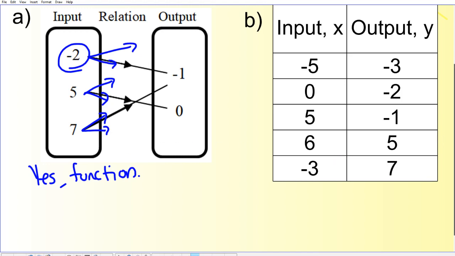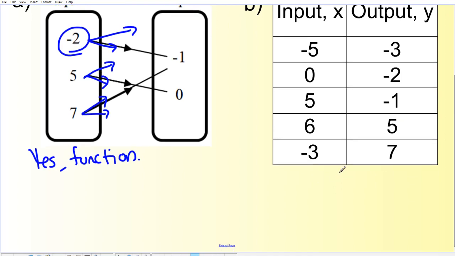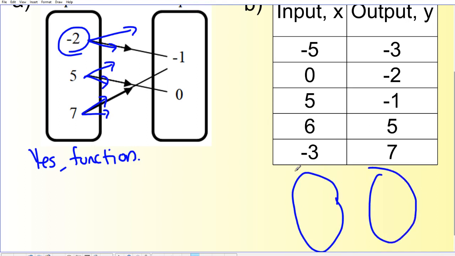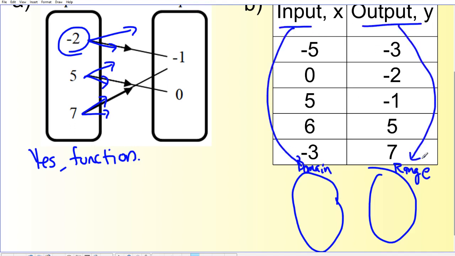Okay, letter B. So now this one is not a mapping diagram, so I'm just going to make one quick. I'll call this guy the domain. I'll call this guy the range, which is the same thing as input and output. Input is domain, output is range. I'm trying to use the words interchangeably so you kind of make the connection.